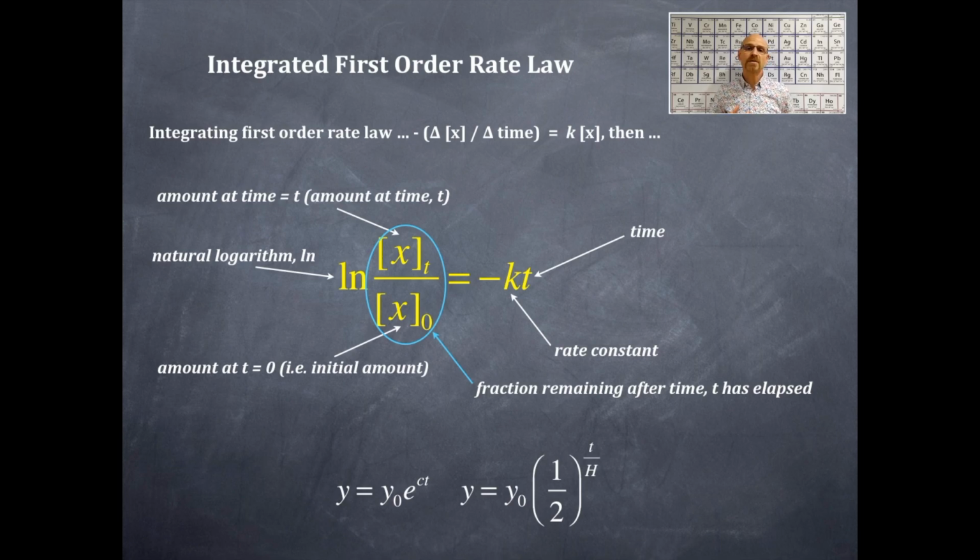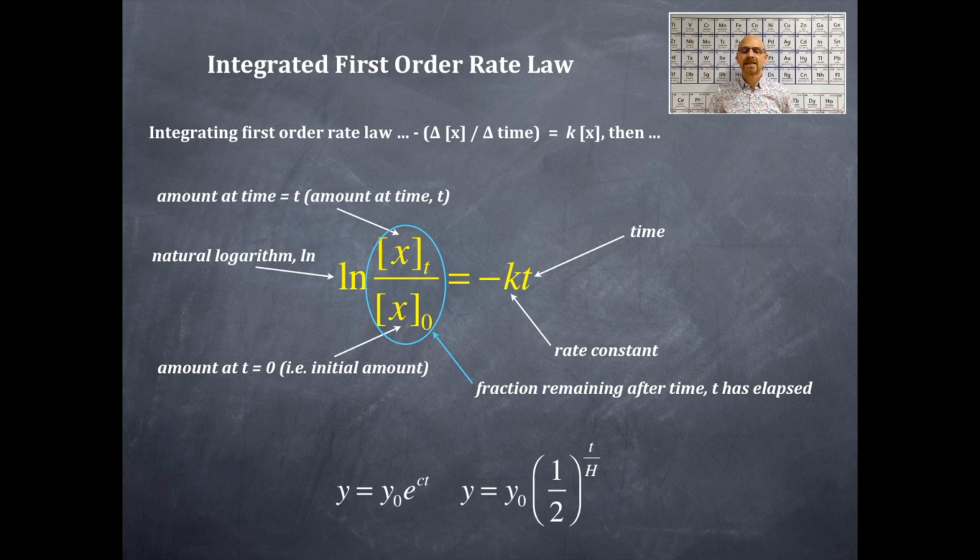But I will be using for this course the one in yellow, because all textbooks in chemistry use the one in yellow. So that's the one that we'll be using here. Remember the integrated first order rate law. It's very important. The natural log of x sub t divided by x sub 0 is equal to negative kt.